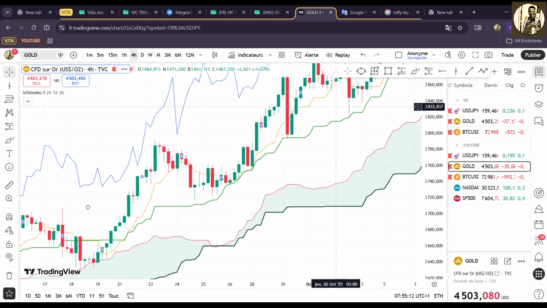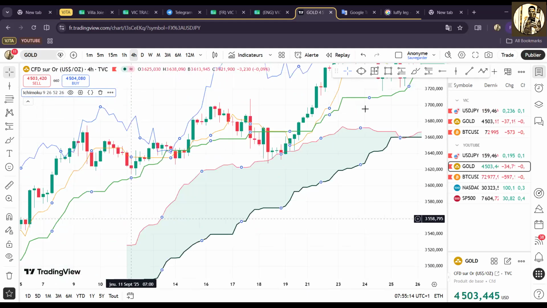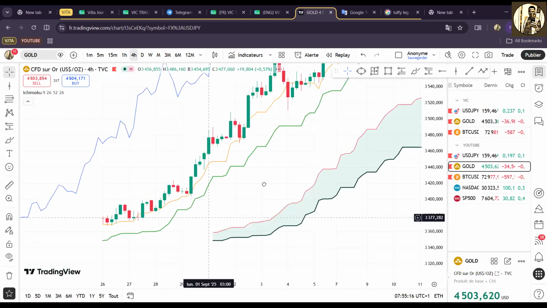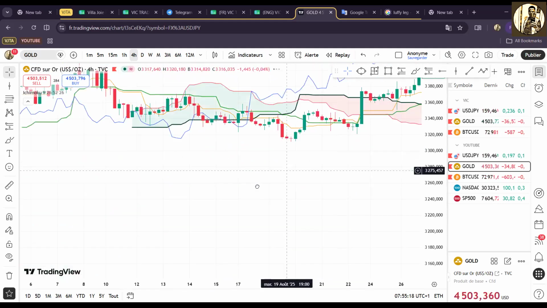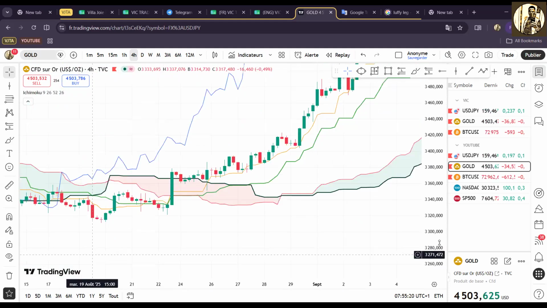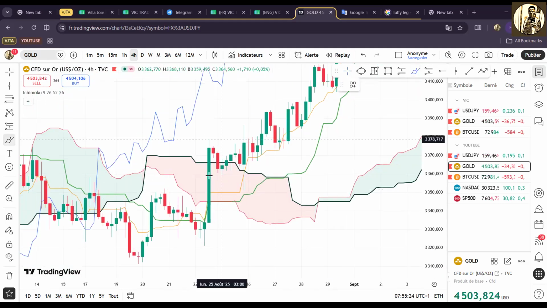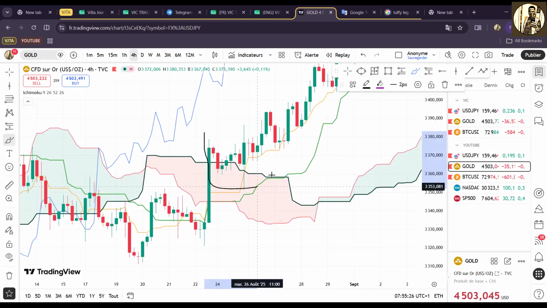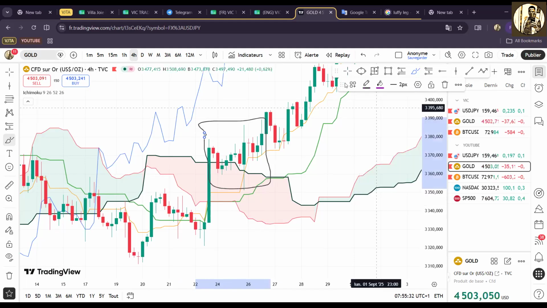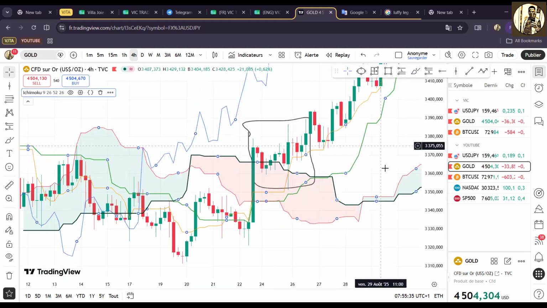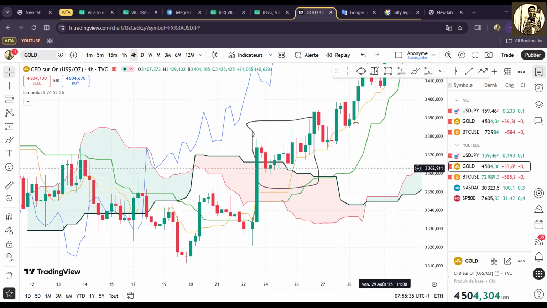So since there is no transition zone there, let me find a transition zone somewhere. Let me take this one. So you have a transition setup cycle here, right?